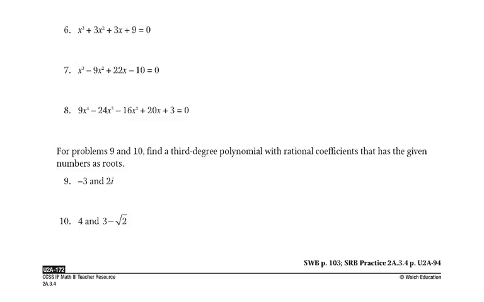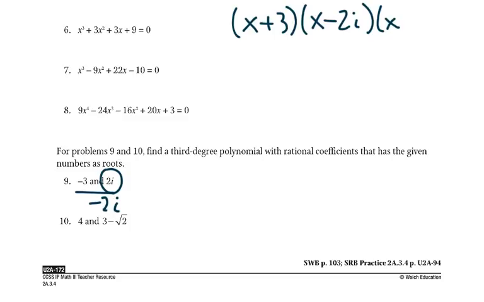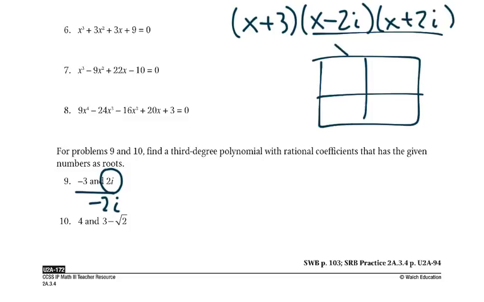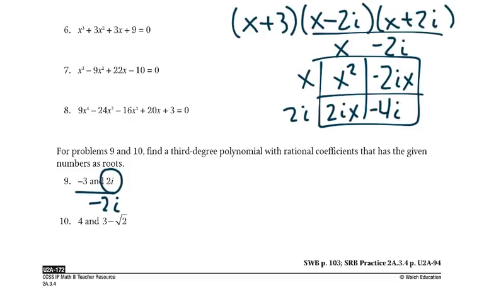Okay, now 9 and 10 want us to just go backwards. So remember, we have these as roots, and anytime you have an imaginary, you also have the opposite version of it. So I've got x plus 3 times x minus 2i times x plus 2i. So always start with your imaginaries, okay, two binomials. X squared minus 2ix, positive 2ix, and negative 4i squared. Those two cancel out, positive and negative.